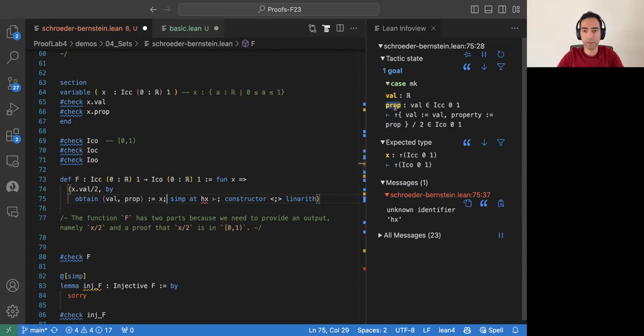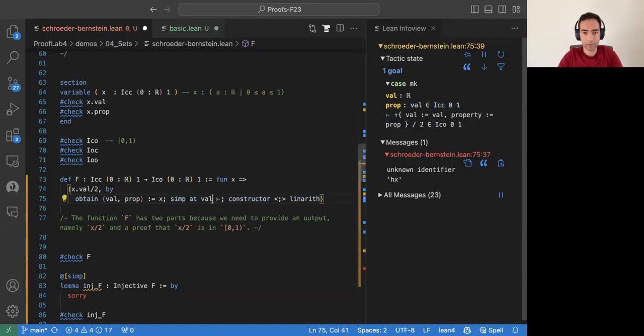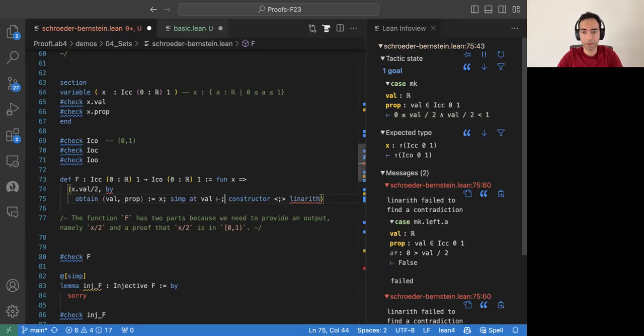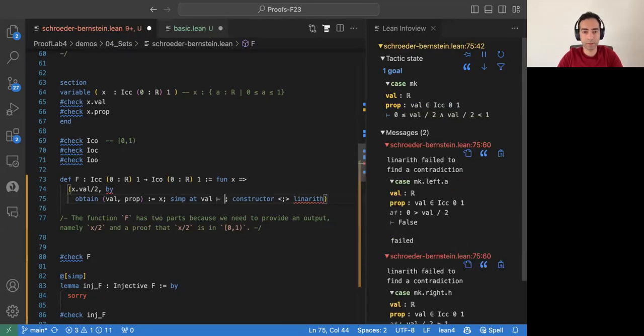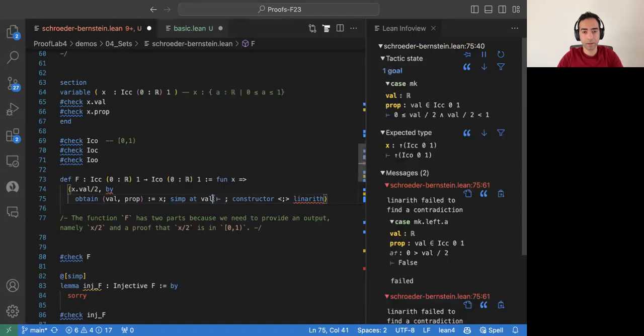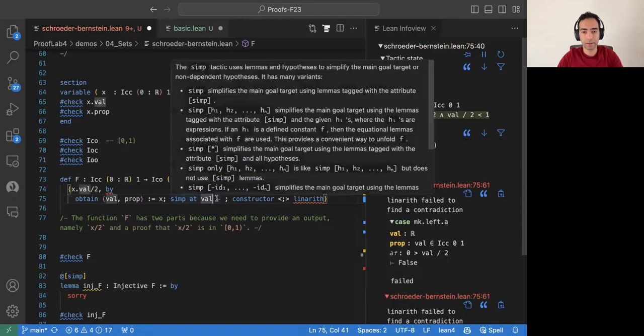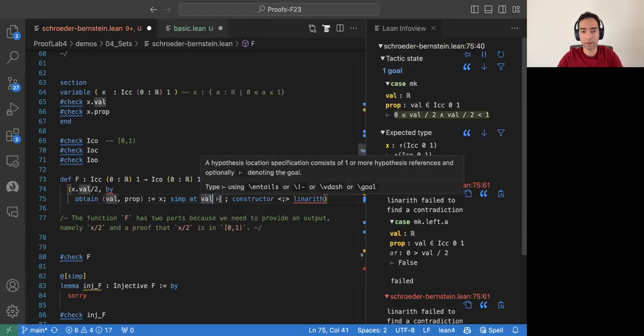And now I'm going to simplify this property, because to belong to this interval essentially means being between 0 and 1, right? Maybe actually I want to simplify it everywhere. Simplify at the goal, right?